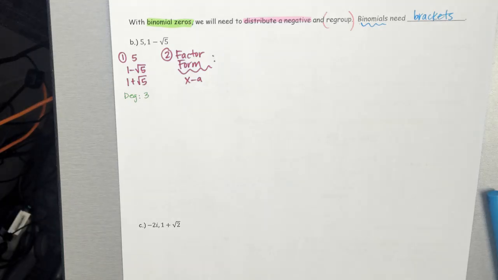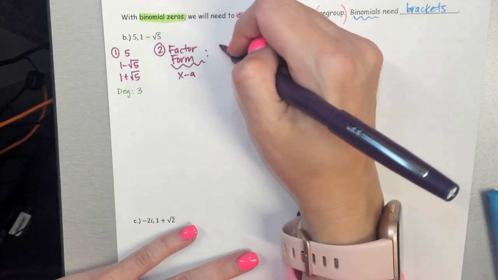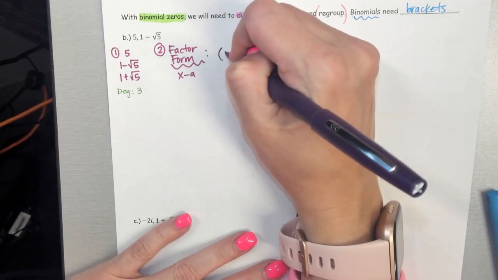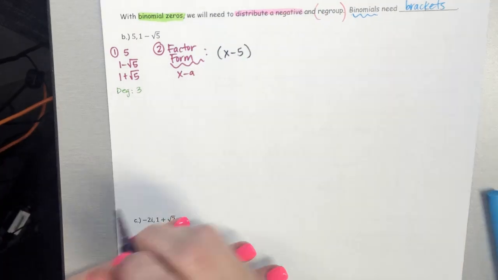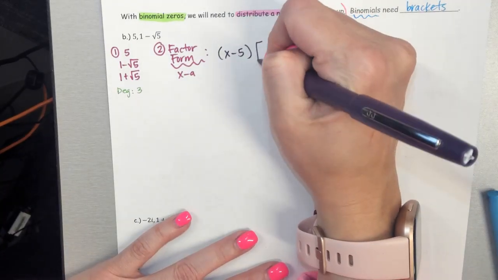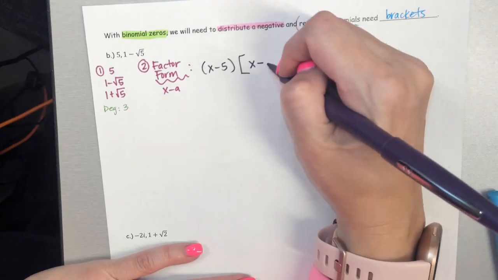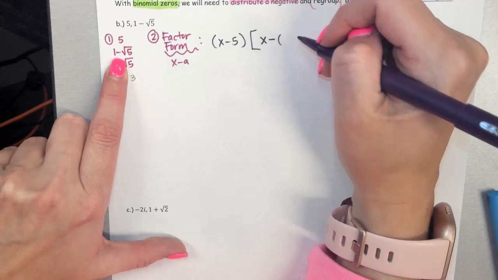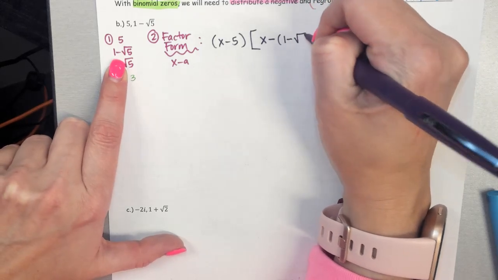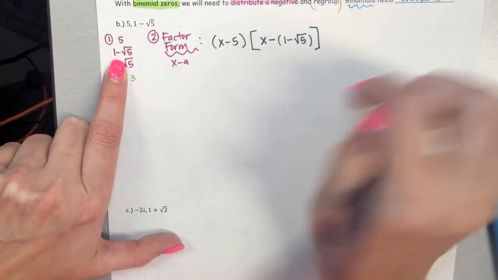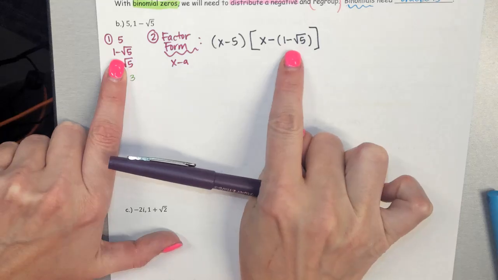Okay, so in factor form, you have the form x minus a. So the first thing we're going to do is the 5. So x minus 5. And then the binomials are going to be a little bit different. If it's a binomial, you're going to use a bracket. We're going to keep that form x minus, and then we're just going to plug in our zeros. So we have 1 minus root 5, keeping the form x minus my zero.